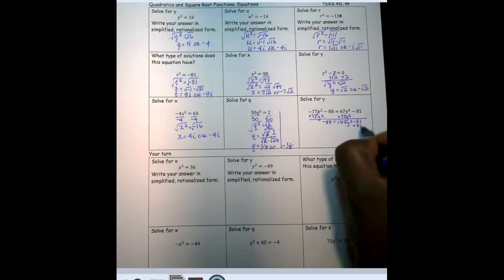And we're going to add 81 to both sides of the equation. And that leaves me with negative 7 is equal to 144y squared. We want y squared alone, so we're going to divide by 144. And that leaves us with y squared is equal to negative 7 over 144.